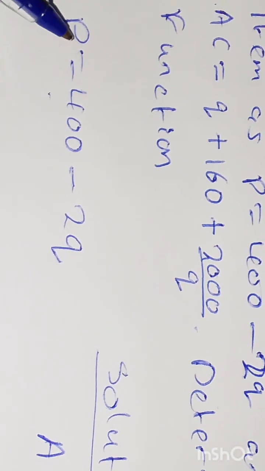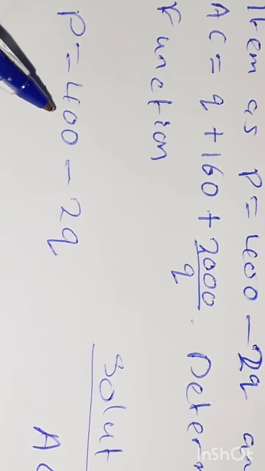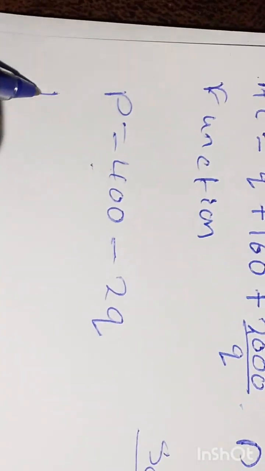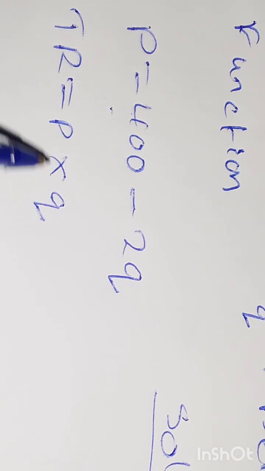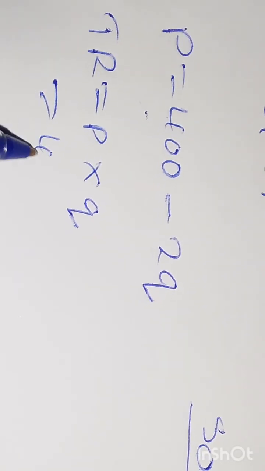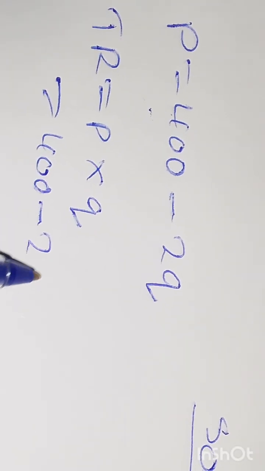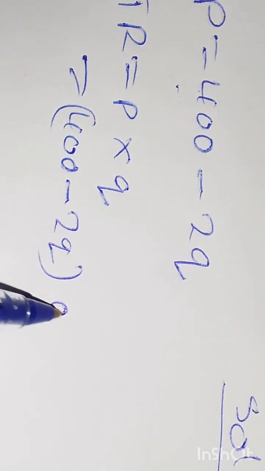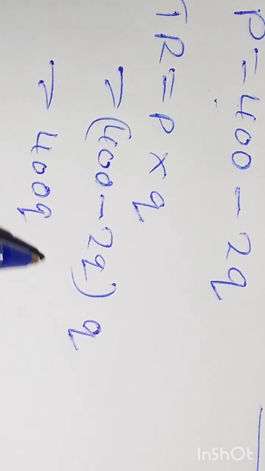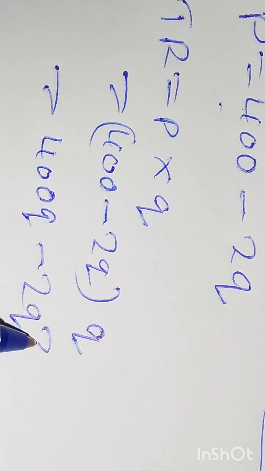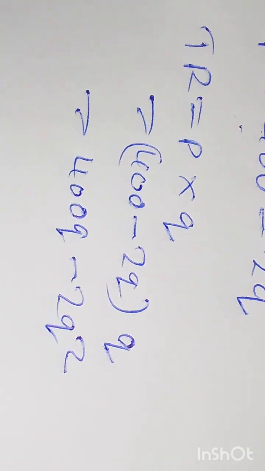Out of this you can find the total revenue function. Total revenue is equal to price times quantity. So our price 400 minus 2Q multiplied by Q will be 400Q minus 2Q squared.